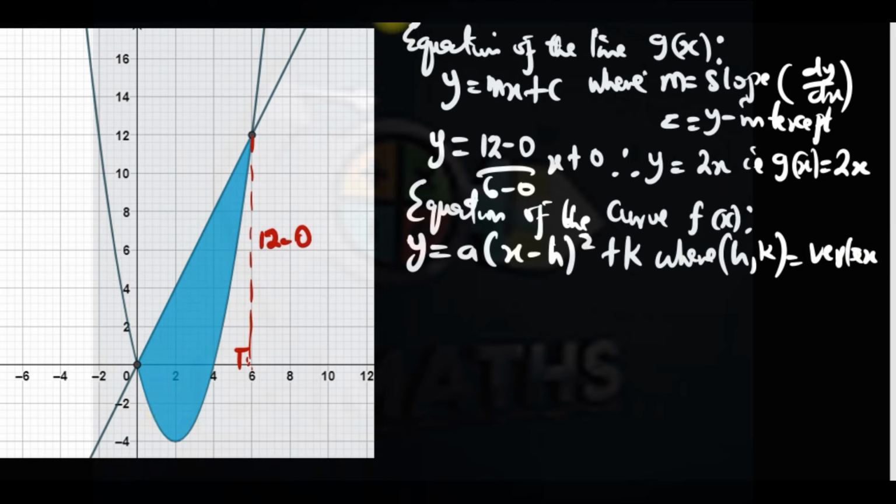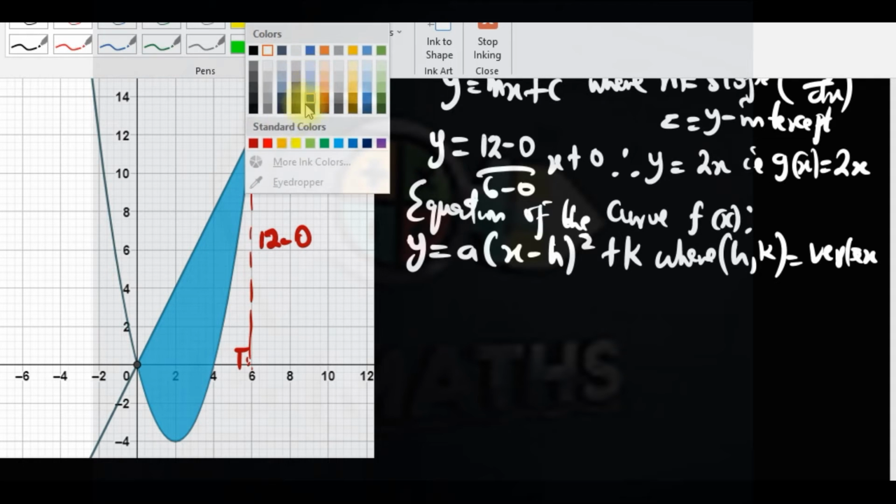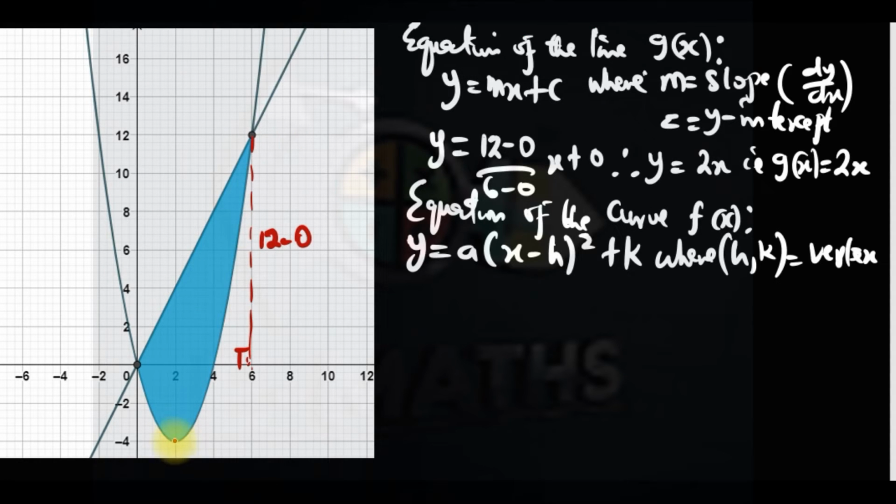As you can see, the vertex is here, because the vertex is the point that divides the curve into two equal parts.